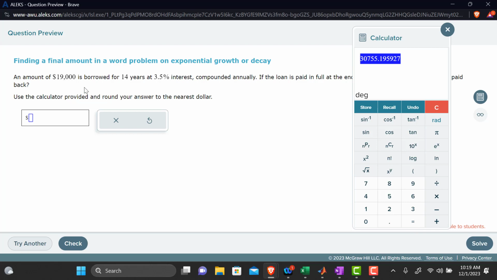And so they started with 19,000, and just with this small interest rate, after 14 years, they actually ended up paying back 30,000. This is rounded to the nearest dollar, so 30,755.